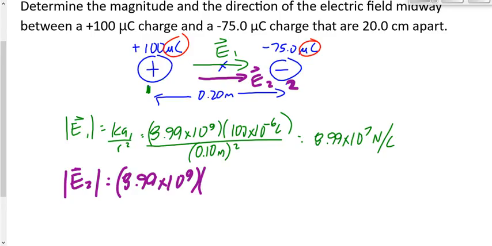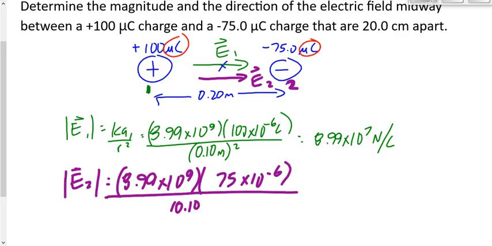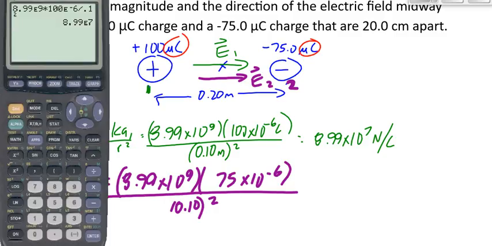My charge is 75. It's negative 75, but we always drop that, right? My distance will once again be 0.10. 8.99 times 10 to the 9 times 75 times 10 to the minus 6 divided by 0.1 squared. 6.7425.